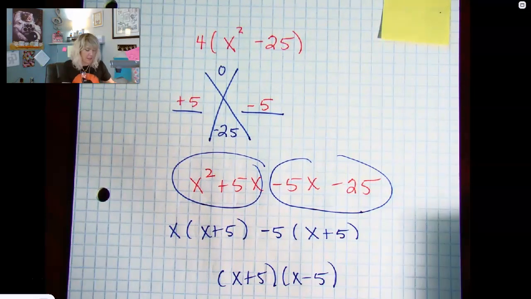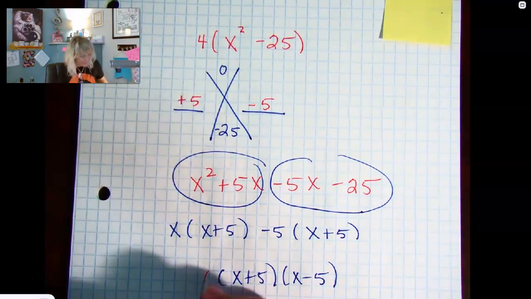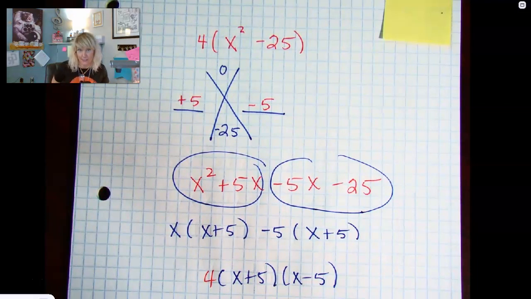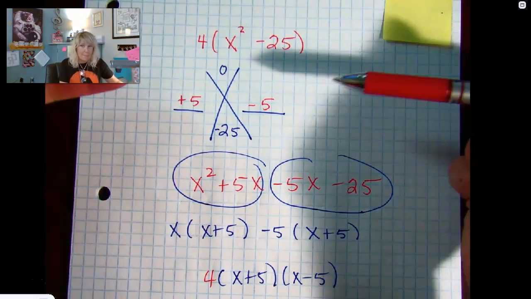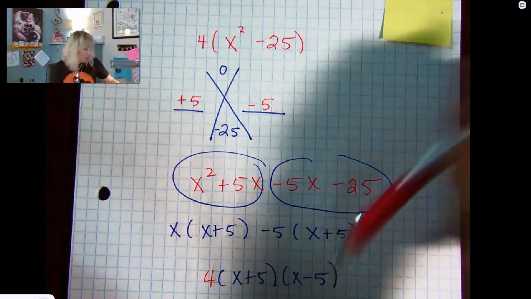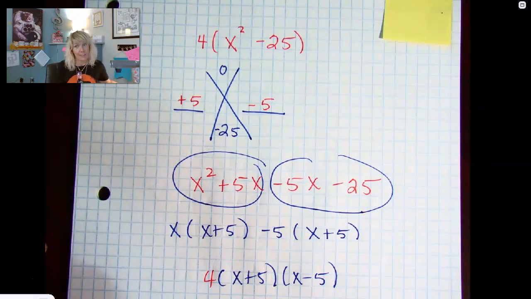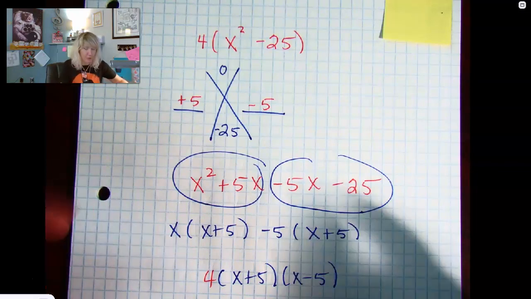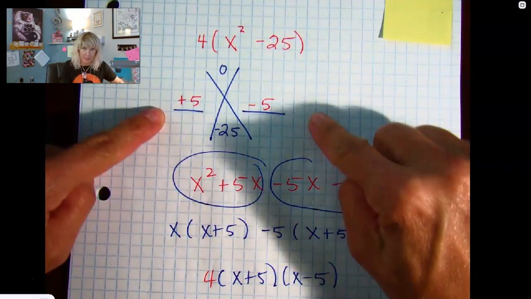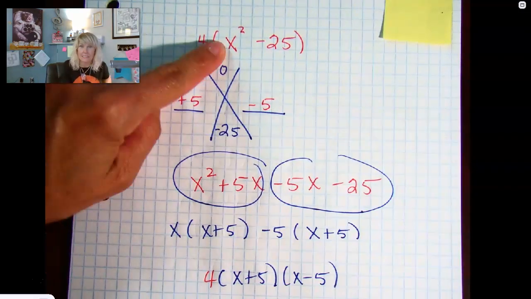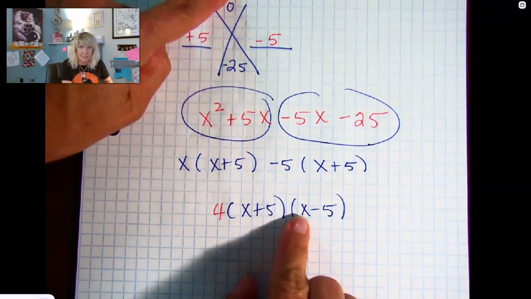However, do not forget that we factored out that 4, so it has to go down here at the end also. By maybe the second week or hopefully the first full week of your class, I really like for you to drop this method. I would like for you to recognize that the square root of the first term is just an x.